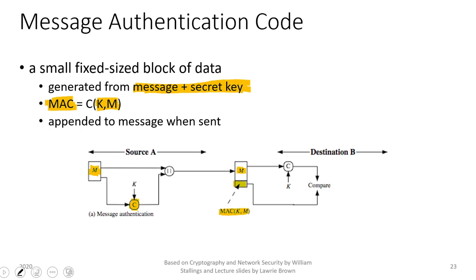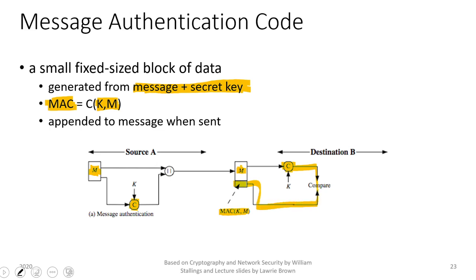So now what the destination can do is they can again use the same message authentication code generation function, and they can generate the MAC for the same message, and compare that with the one that is received.